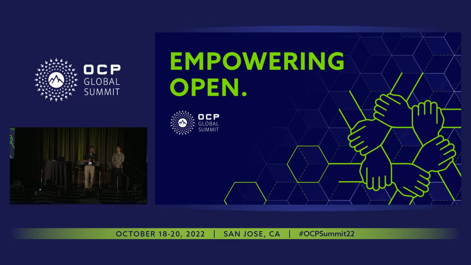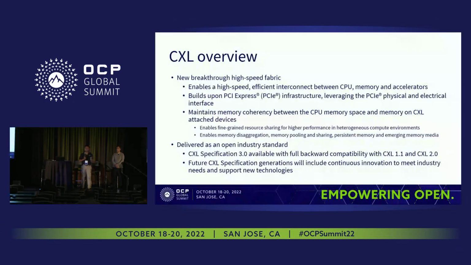With CXL 3.0, with the new addition of the back-end validate flow that I was referring to earlier, the coherency management is, in my opinion, much more streamlined between the host and the device, because it's now more of a peer coherency model, similar to how we traditionally do SMP or symmetric multiprocessing, where the two cache domains are peers of each other, and each cache domain can maintain independent snoop filtering for the memory attached to that particular host.